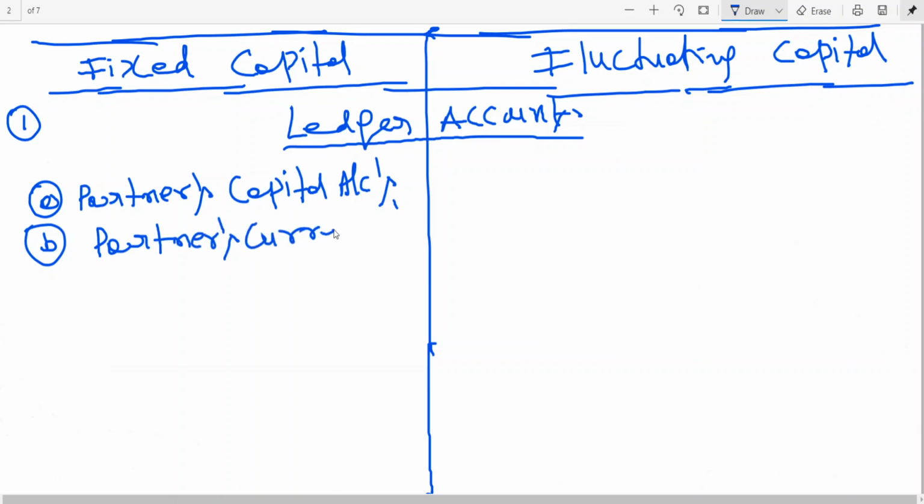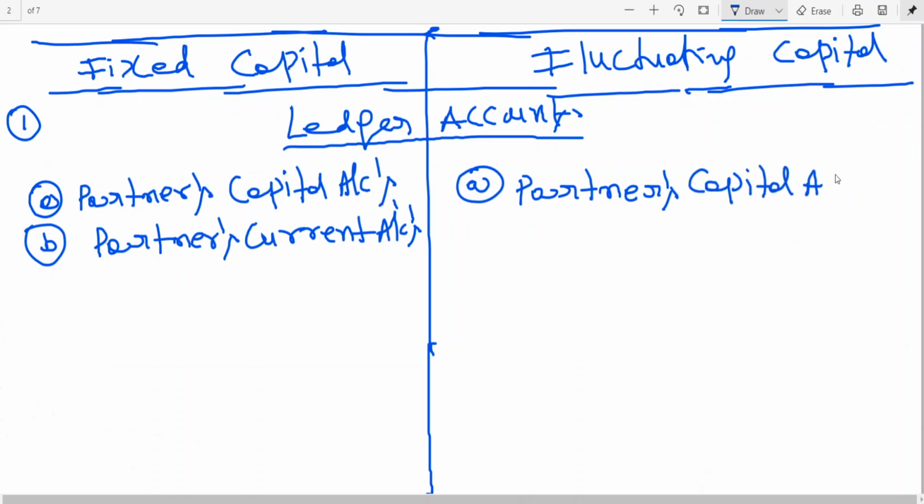That means under fixed capital method you need to open 2 accounts, partners' capital account and partners' current account. But when it comes to fluctuating capital, you need only 1 account, that is partners' capital account. Here we need to open only 1 ledger account, called partners' capital account.